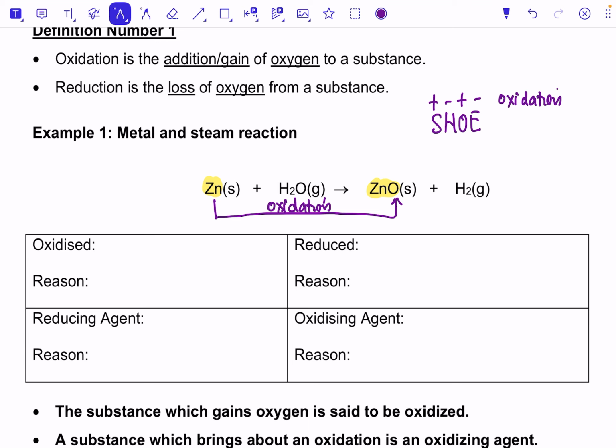Likewise, if zinc undergoes oxidation to form ZnO, can I also say that zinc is being oxidized? Same meaning. Therefore, you can write down zinc here. Understand? Very easy. What is the reason? The reason is what you all just told me: zinc gains oxygen to form ZnO.